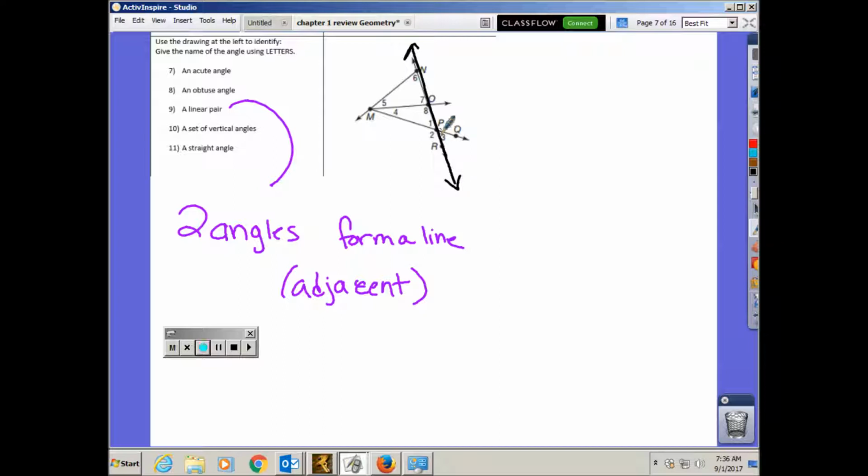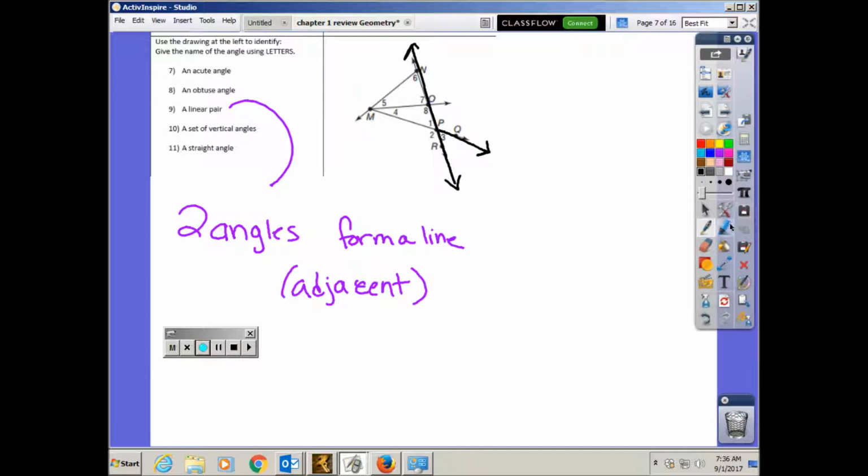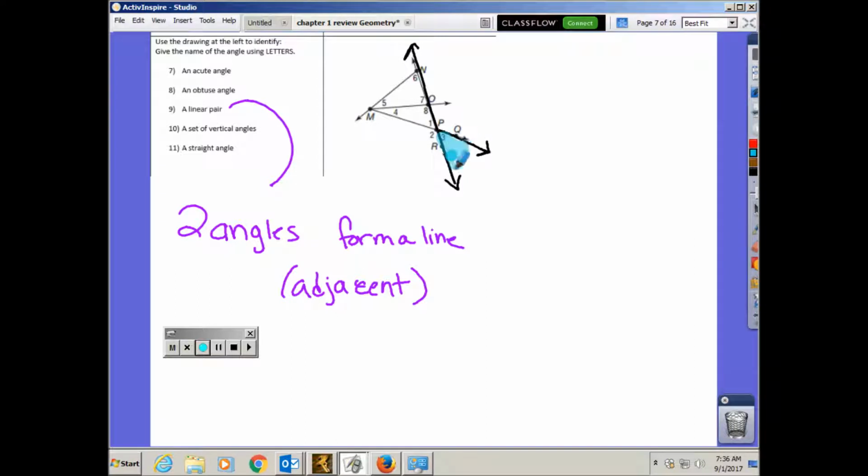And if you remember earlier, we found this angle here was one of our acute angles. And the angle is actually the space in between those rays.